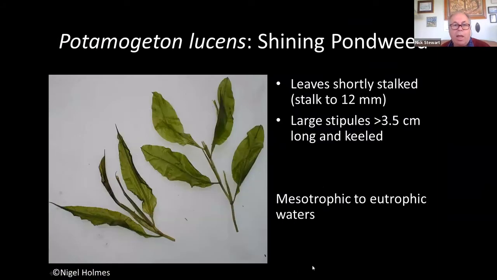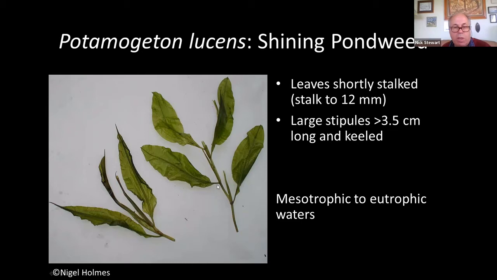Another feature of Potamogeton lucens, in contrast to the gramineus we were talking about a moment ago, is that it has very long stipules, often 4 or 5 or 6 centimetres long, and they have a little flange running down the two strong veins, which form a keel with a little flange on each side, and it's one of the few species that are quite so strongly keeled.